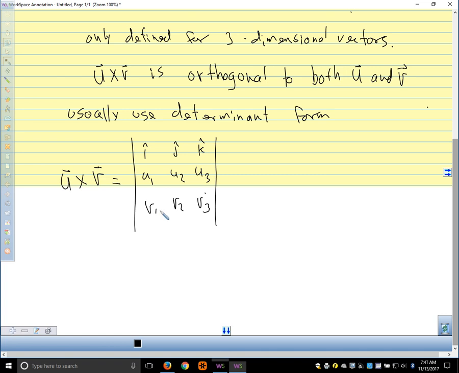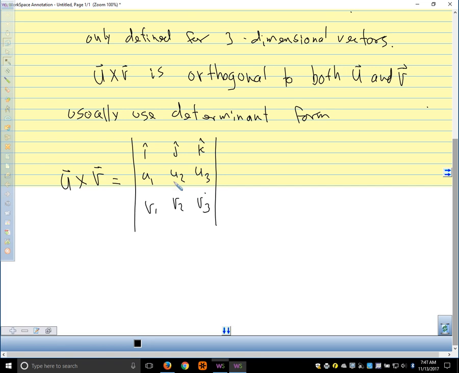I strongly recommend that you write it out in some way, because it's very, very easy to make an arithmetic error, especially a plus-minus sign error, when you're evaluating determinants. All right, so let's do a quick example, and then we'll talk about some properties.